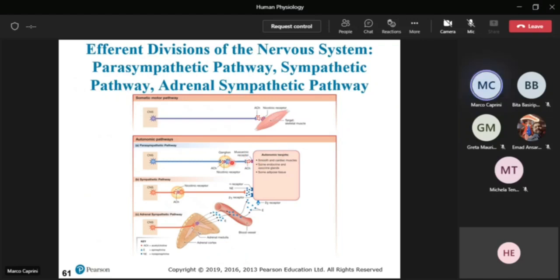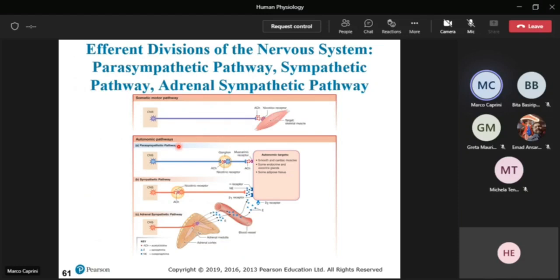And they release in the ganglion acetylcholine, always acetylcholine on nicotinic receptor. They are the same, either parasympathetic or sympathetic pathway. The difference is in the autonomic target.